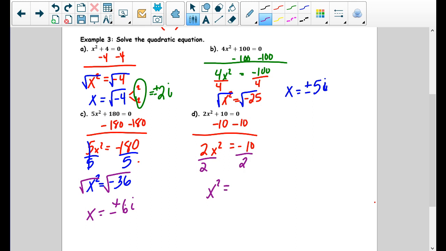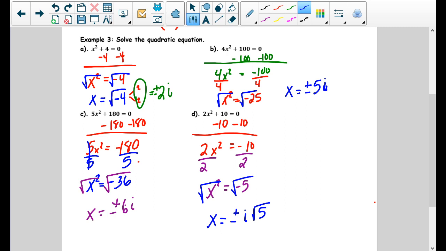So x squared equals negative 5, and then what? Square root, right? Not x squared, x equals i square root of 5. Nothing comes out of 5. It's prime. So let's leave it in the square root. Pull the i out so it's not negative.